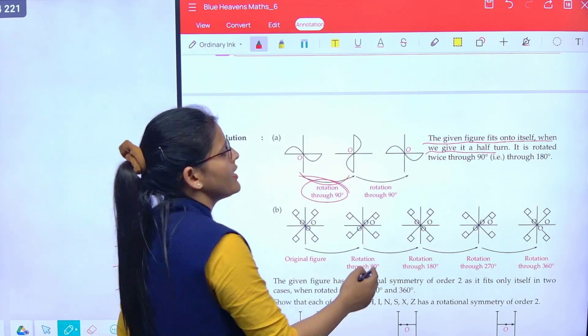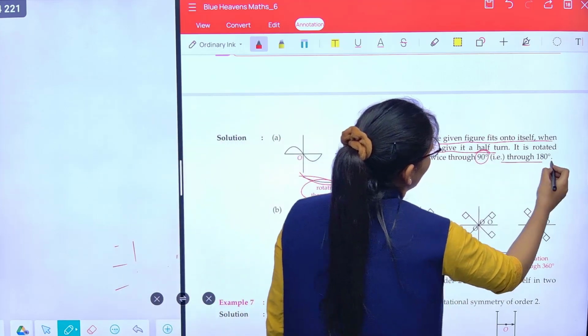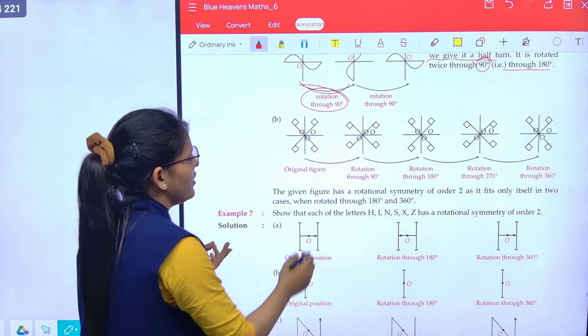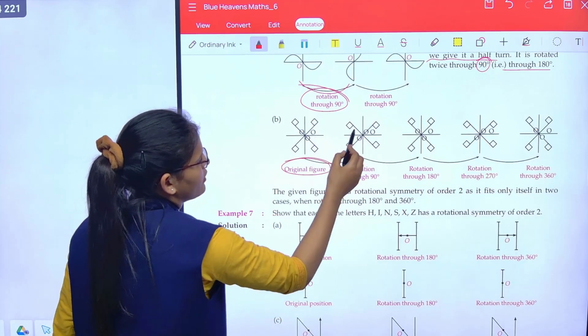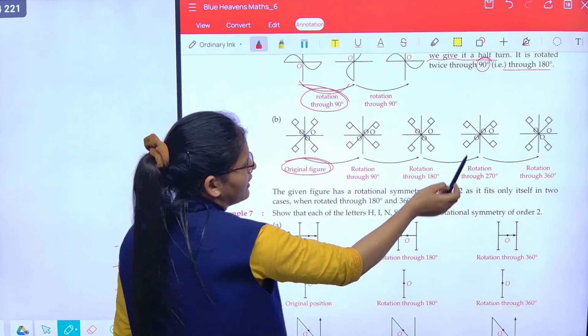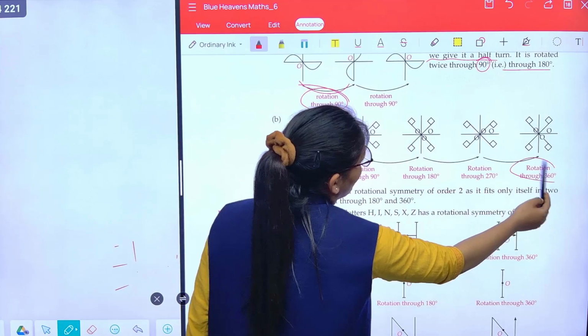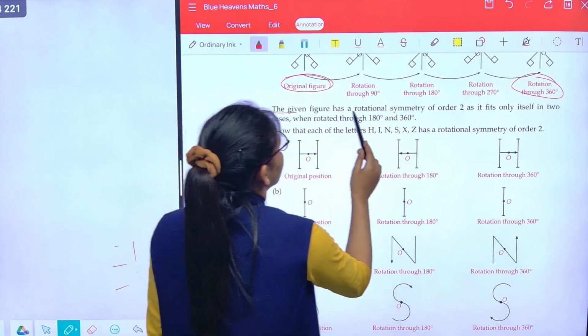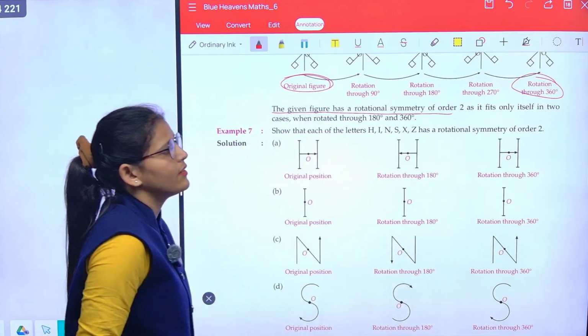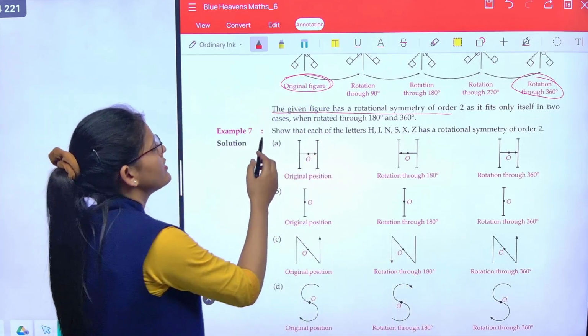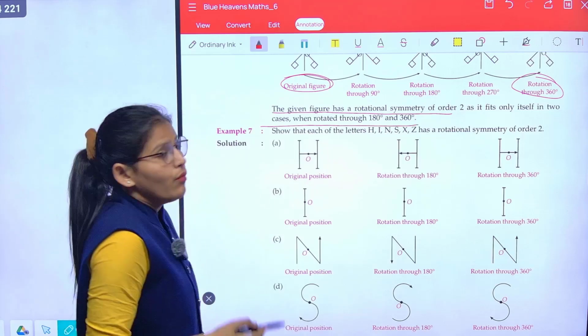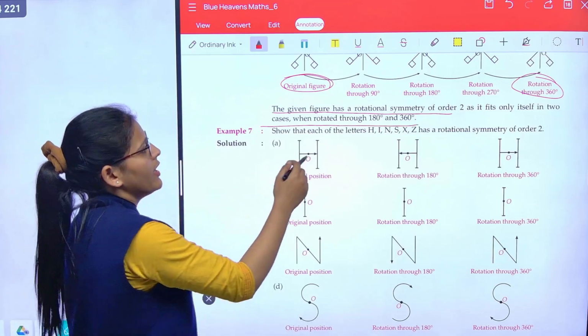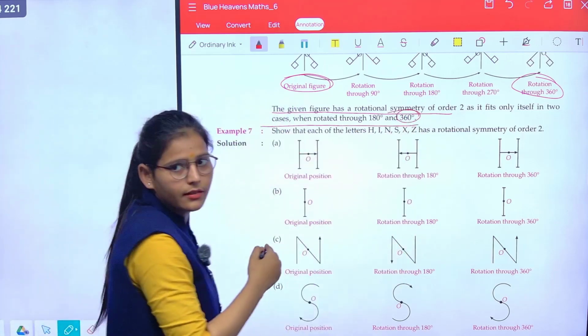It is rotated twice 90 degrees, that is through 180 degrees. This is the original figure, class; we turned it 90 degrees, then 180 degrees, 270 degrees rotation, 360 degrees. The given figure has a rotational symmetry of order 2 as it fits onto itself in two cases when rotated through 180 degrees and 360 degrees.